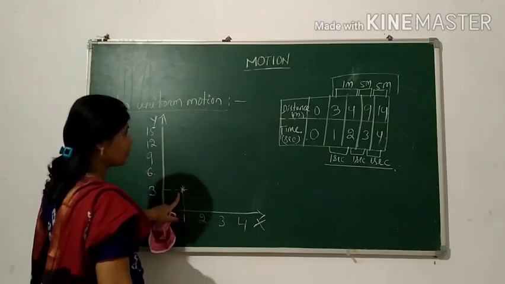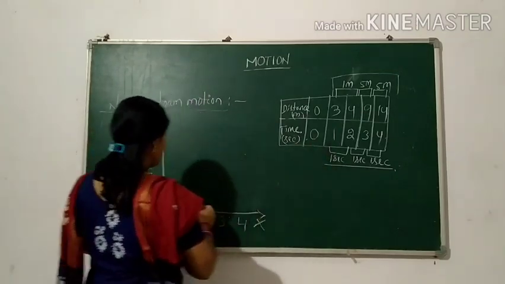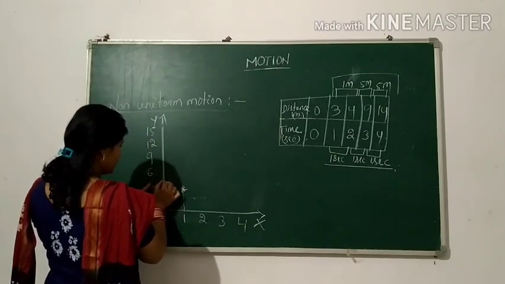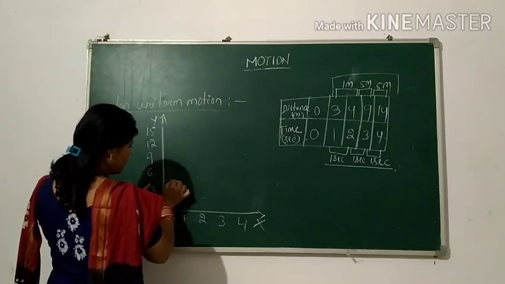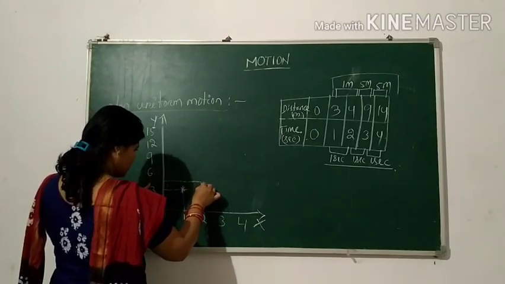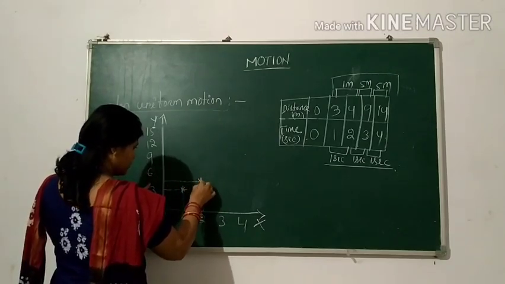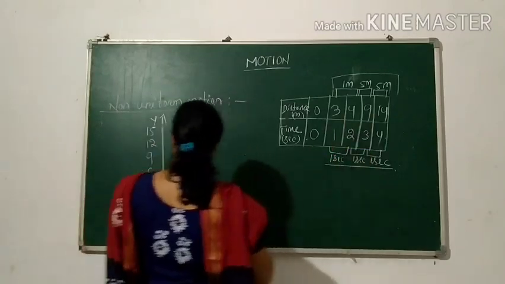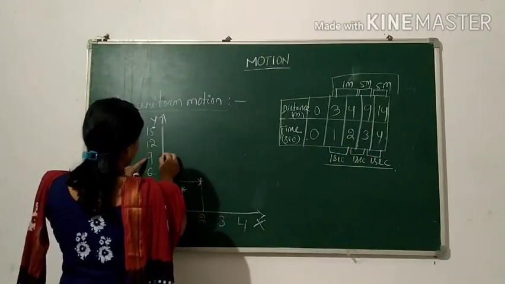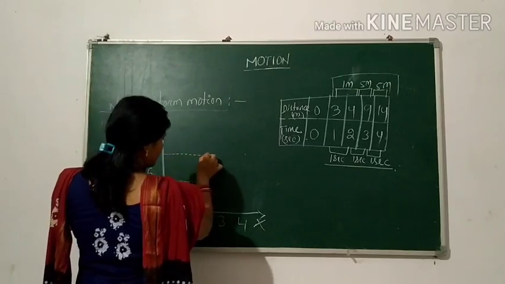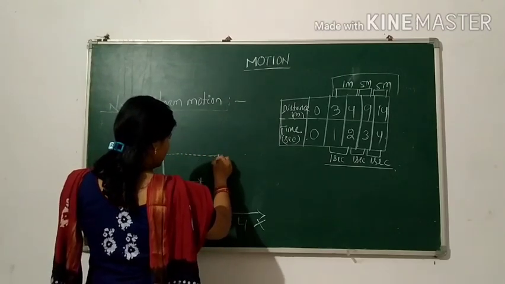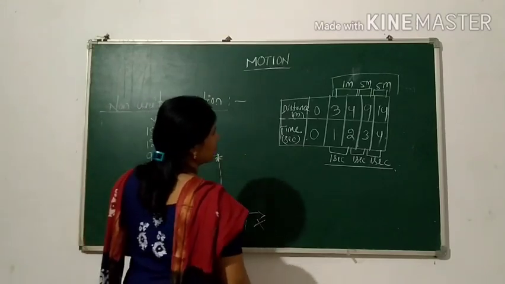Then second 2 and 4, suppose the point is here. Then third one 3 and 9.